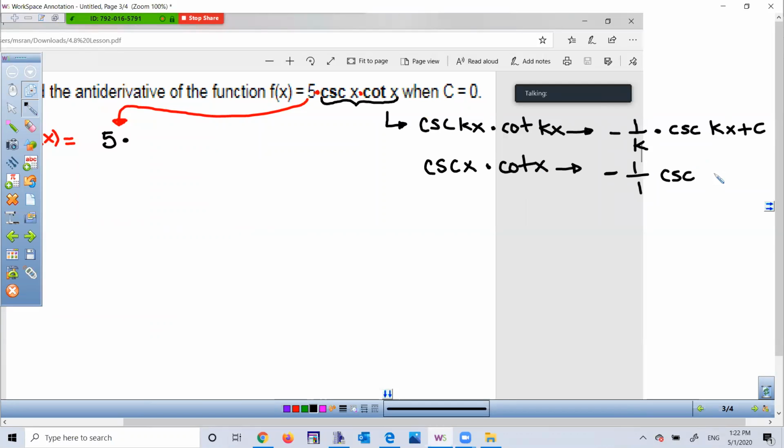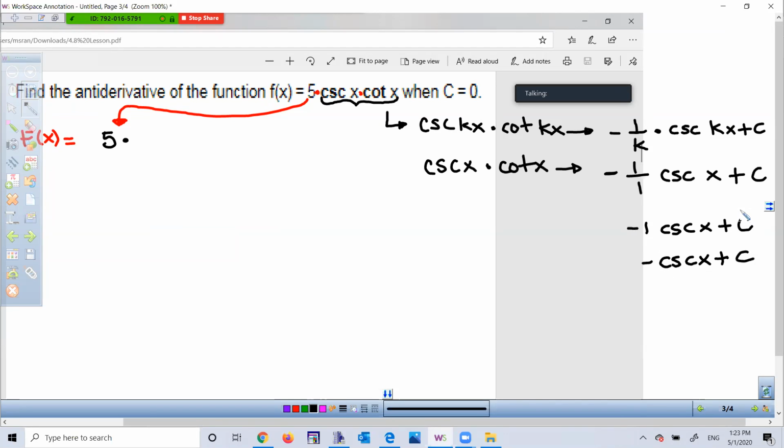The 1x, so just x, you don't need to write the 1, plus the c. So in the simplified version, what's negative 1 over 1 in this particular case? Just negative 1. So negative 1 cosecant x plus c. Do you want to put negative 1 or do you just want to put negative cosecant of x plus c? Both are correct. I think I would use this one better.